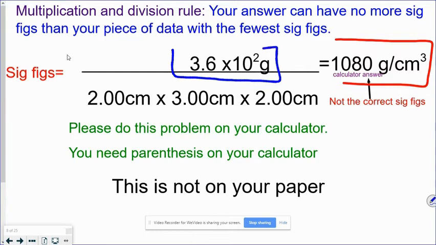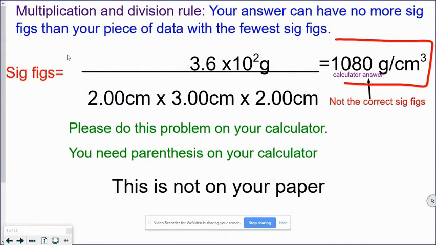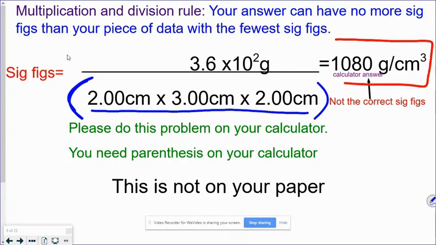You type this in, you hit the divide button, you type this in, and so what you effectively did is take the top number, divide it by this number, and then multiply it by 3. So you took this value and then multiplied it by 3, you multiplied it by 2, and you didn't get anything close to 1,080. So my suggestion is to type the top number, hit divide, use your parentheses, put 1 parenthesis there, do all this work, close the parentheses, and you should get 1,080.